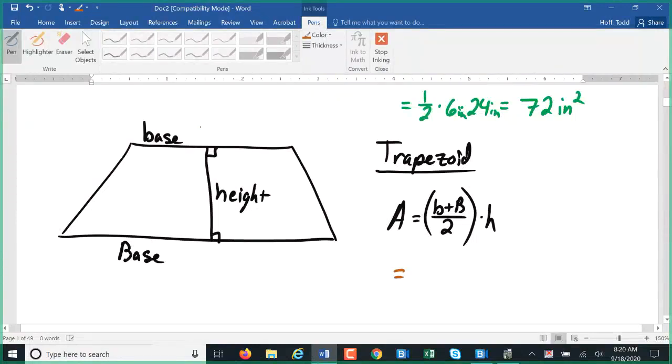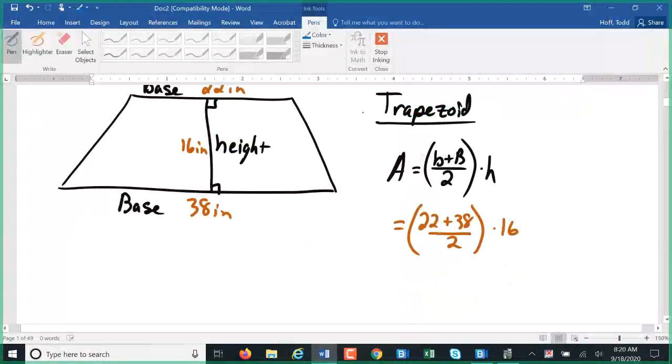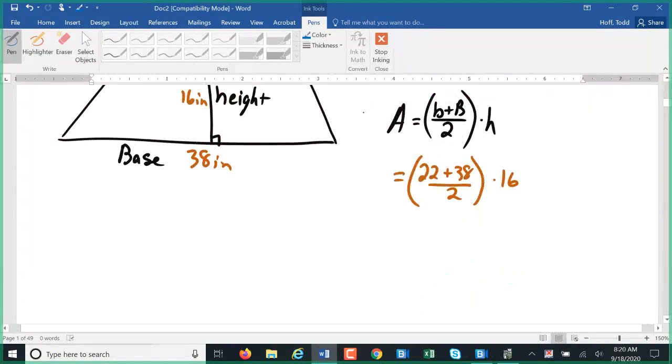So if I put in some numbers here, let's make this 22 inches. Down here, we'll make this 38 inches, and we'll make this height here 16 inches. So this is going to be 22 plus 38 divided by 2 times 16. At this point, once we put the numbers into our formula, it's just an order of operations problem now. 22 plus 38 is, what is that, 60?